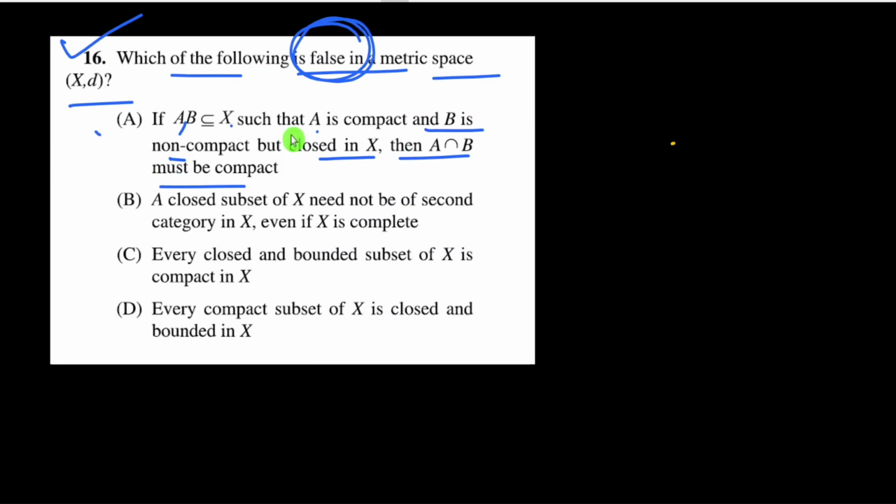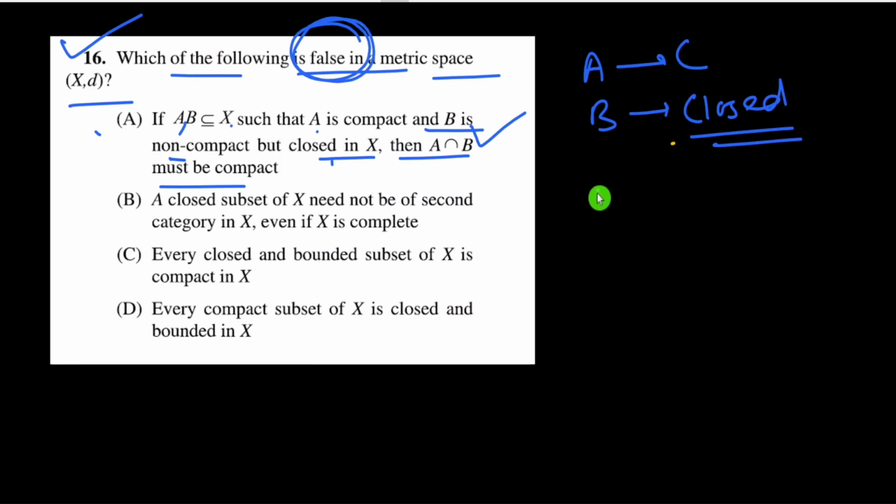Yes, this is a correct statement. Since we know, this is a theorem, if A is compact and B is only closed, we only need the closed part, then A intersection B is compact. So this is a correct statement, not the false statement.